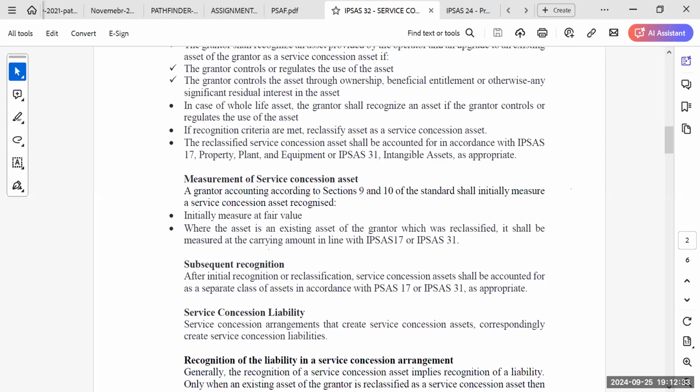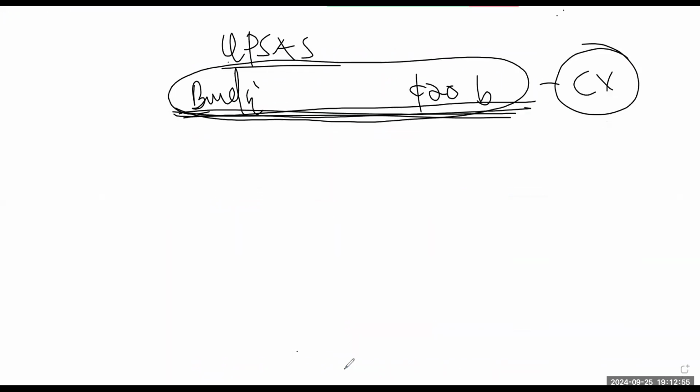Okay, let's come to this place. It's very important that we understand this side of it. If we have made an agreement that you are going to give me an asset that I'm going to be using for... okay, let's come here. If we have agreed that I'm going to construct an asset which will be 20 million, I'm going to run the asset for 10 years to get my 20 million back.